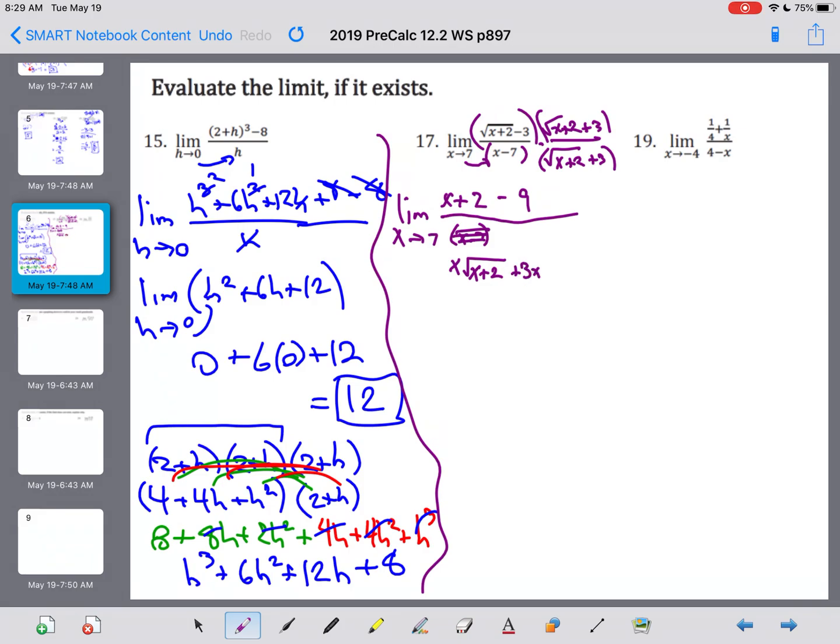And then when I do the 7, I'm going to get negative 7 times the square root of x plus 2, and then minus 21. Okay. This is minus 7 here. Oh, yeah. So let me undo that here. Didn't have to FOIL that out.